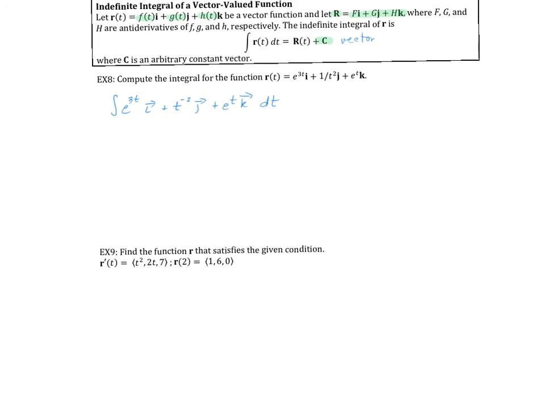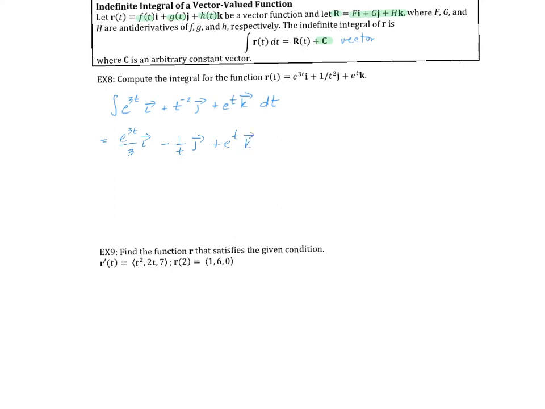This is going to be equal to, the integral of e to the 3t is e to the 3t divided by 3, i, right? Vector i. And then t to the negative 2 is going to be t to the negative 1 over negative 1, so that turns into a minus 1 over t j, plus e to the t k.